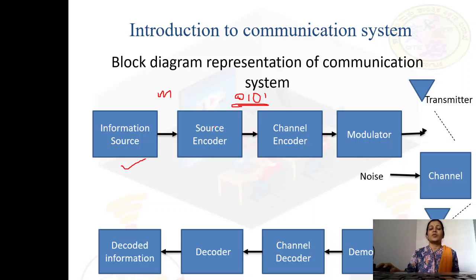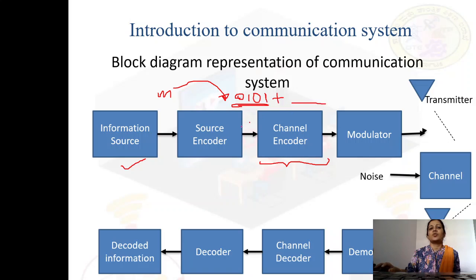The source encoder output, which is actually a bit combination, will be given to the channel encoder, and these channel encoders are responsible for adding some extra bits to the encoded data. Now the question is, if the message has already been converted into a bit combination, which is the output of our source encoder, why do we want to add some extra bits?